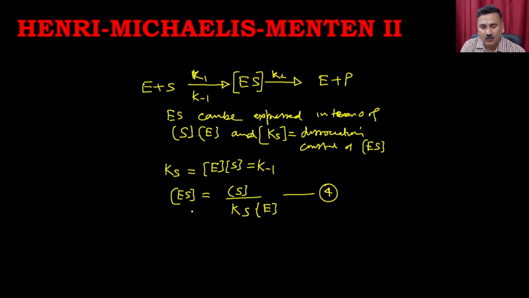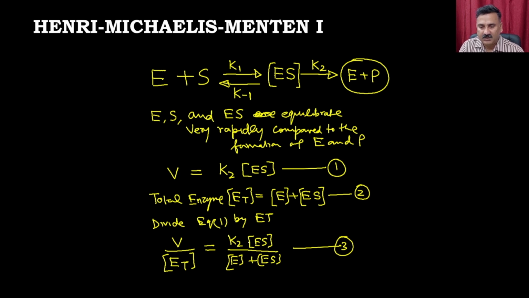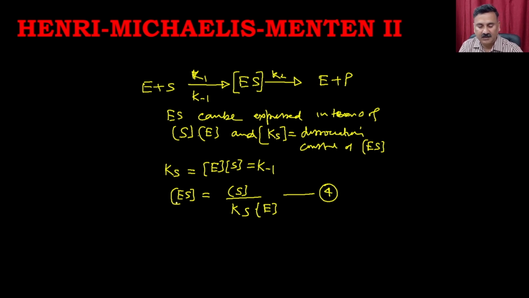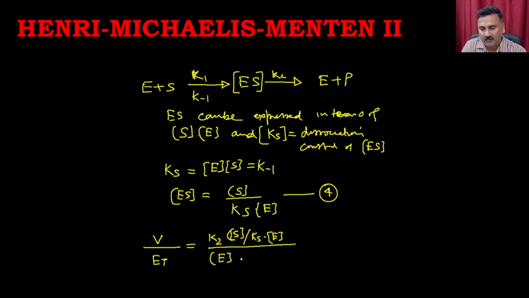And if you substitute the value of ES into equation 3, remember equation 3 here, right? If we put this value of ES in this equation, then you're going to get V by ET equal to K2 times S by Ks into E, divided by E plus S by Ks into E, right?